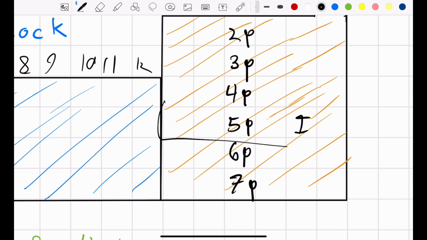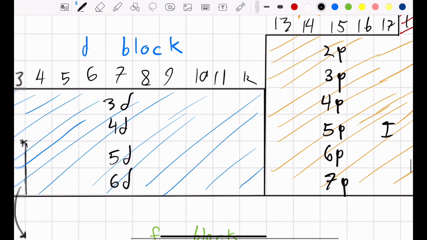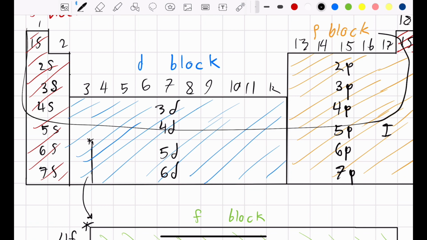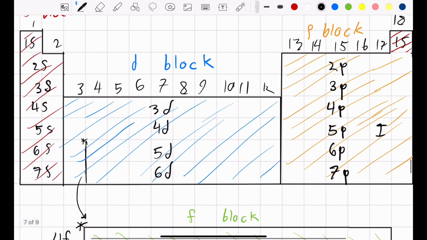So we're going to have a full 5p orbital, or subshell, sorry. And we're also going to have full 4d, full 5s, and everything above that, all of these, are also going to be full, assuming all electrons are in the ground state.